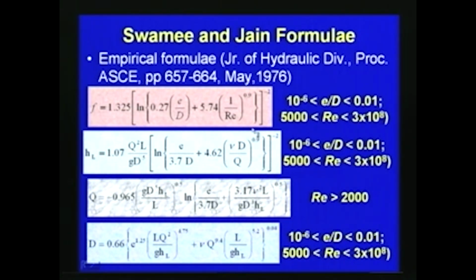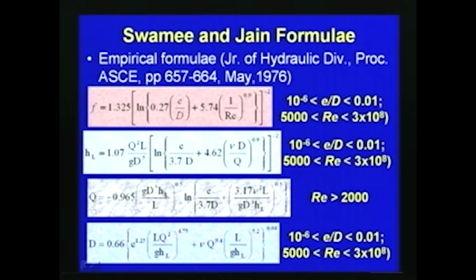So, this equation gives the head loss. It is obtained with respect to this F factor, and it is valid in the range of E by D ratio of 10 to the power minus 6 to 0.01 and the Reynolds number range of 5000 to 3 into 10 to the power 8.